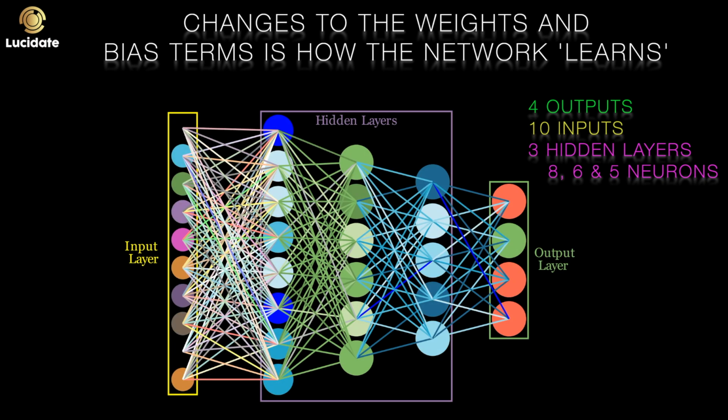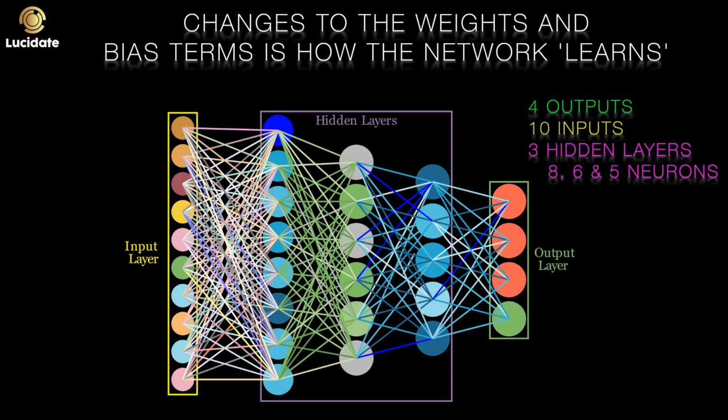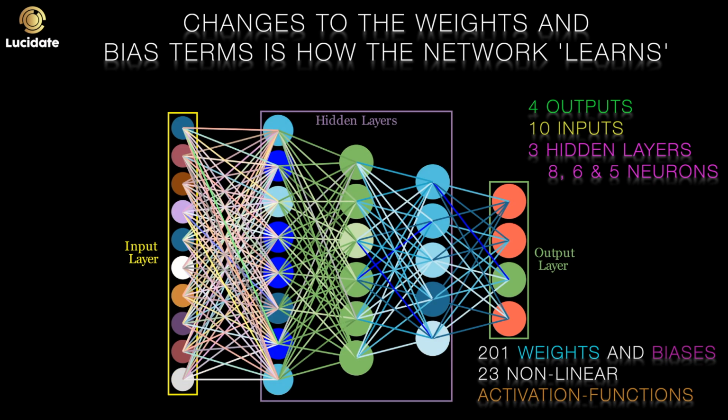There are 3 hidden layers, which contain 8, 6, and 5 neurons. In total, this network has 201 weights and biases. This means that there are 201 tweakable parameters. These parameters allow the network to learn the mapping between these 10 inputs and 4 outputs.